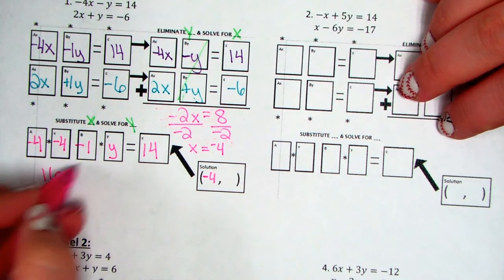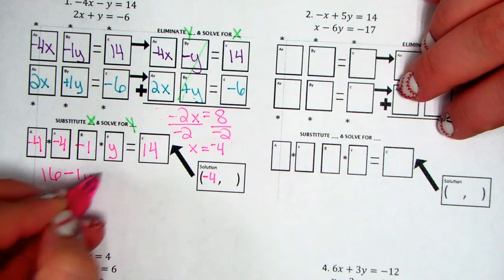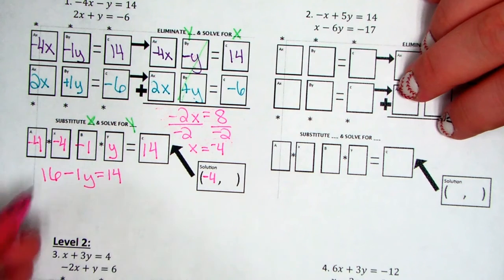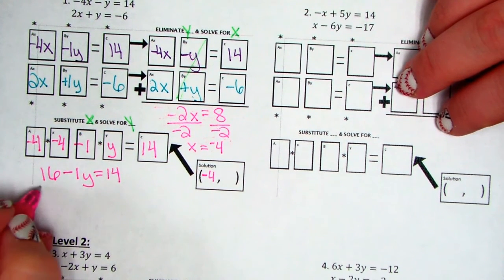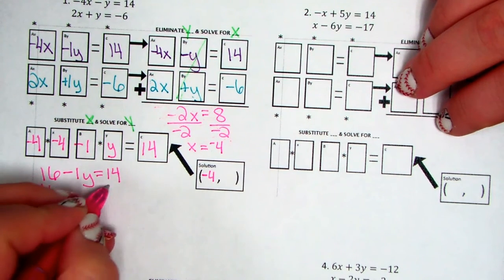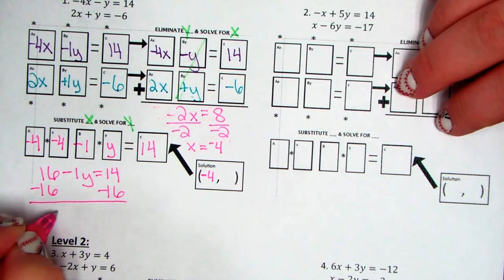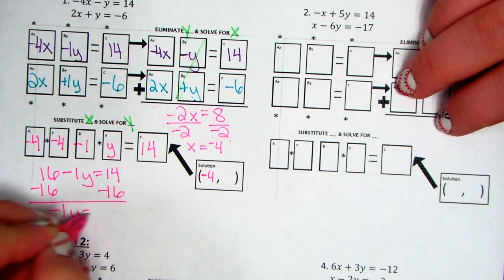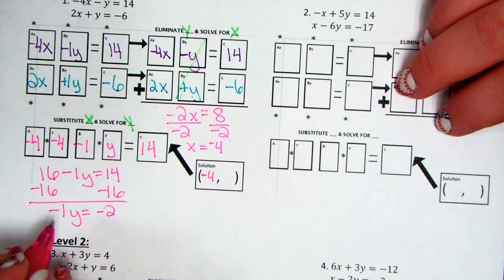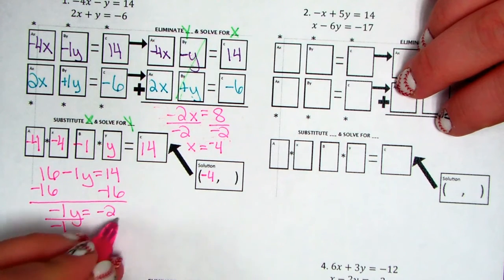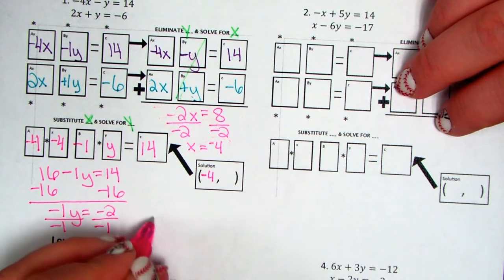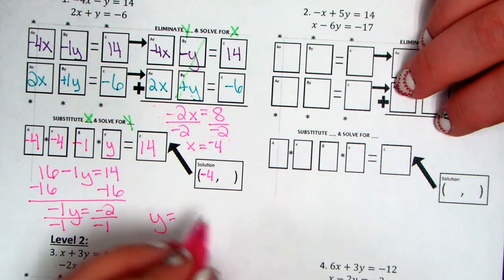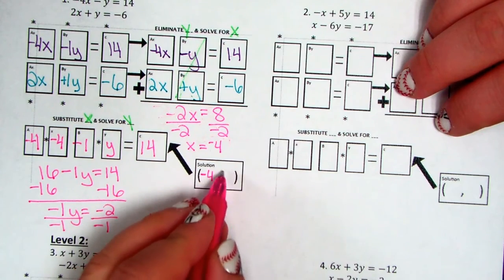Negative 1y equals 14. Subtract 16 from both sides. And negative 1y equals negative 2. Divide by that negative 1. So y is equal to positive 2. So my point is at negative 4, 2.